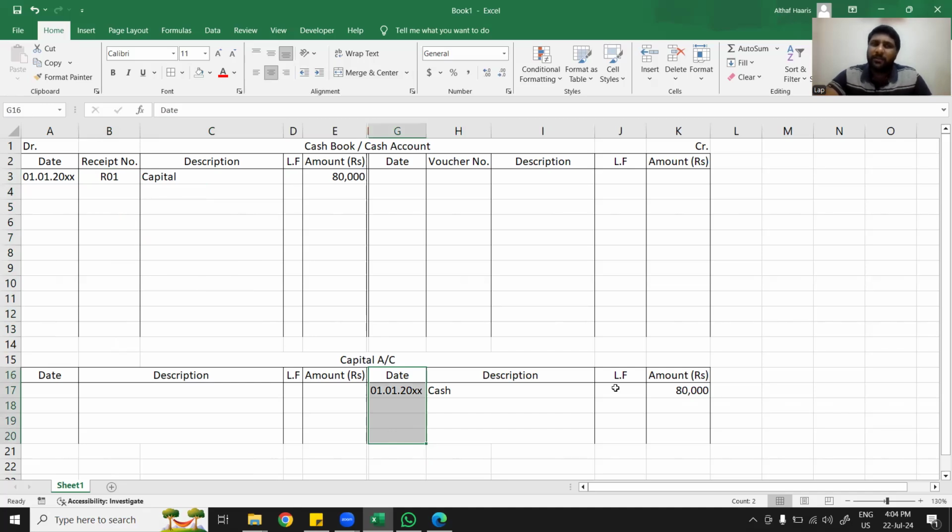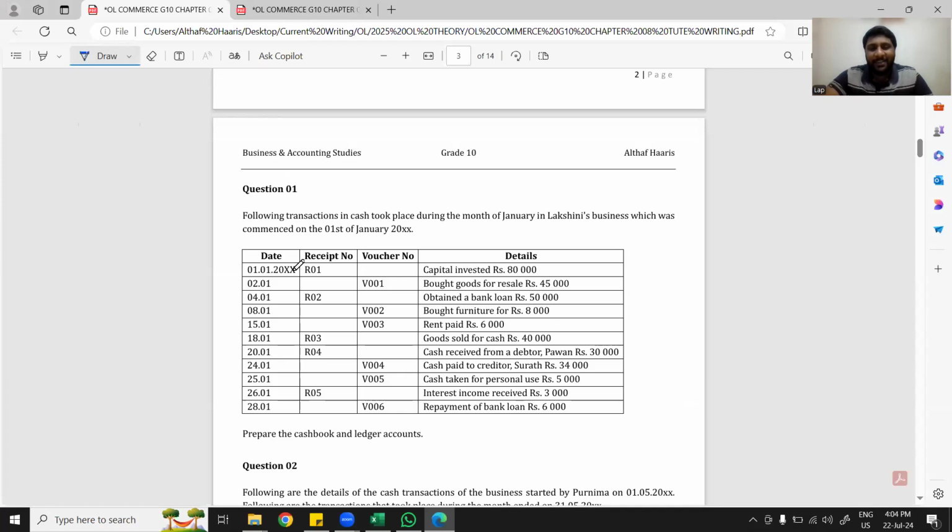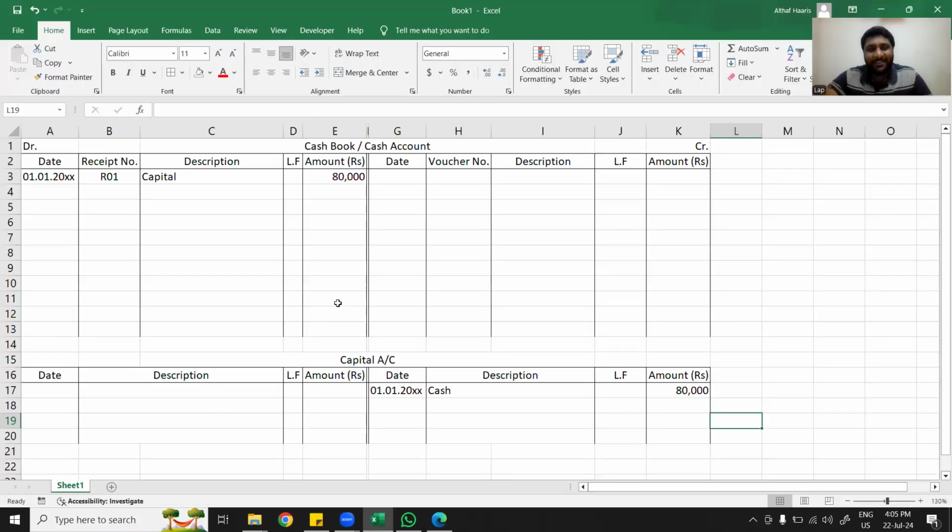Even 2 lines are enough, people, because the amount is not given here. 1st January 20XX, that's the year. For the time being, that's it, Zakir. Going forward, there are more things coming.